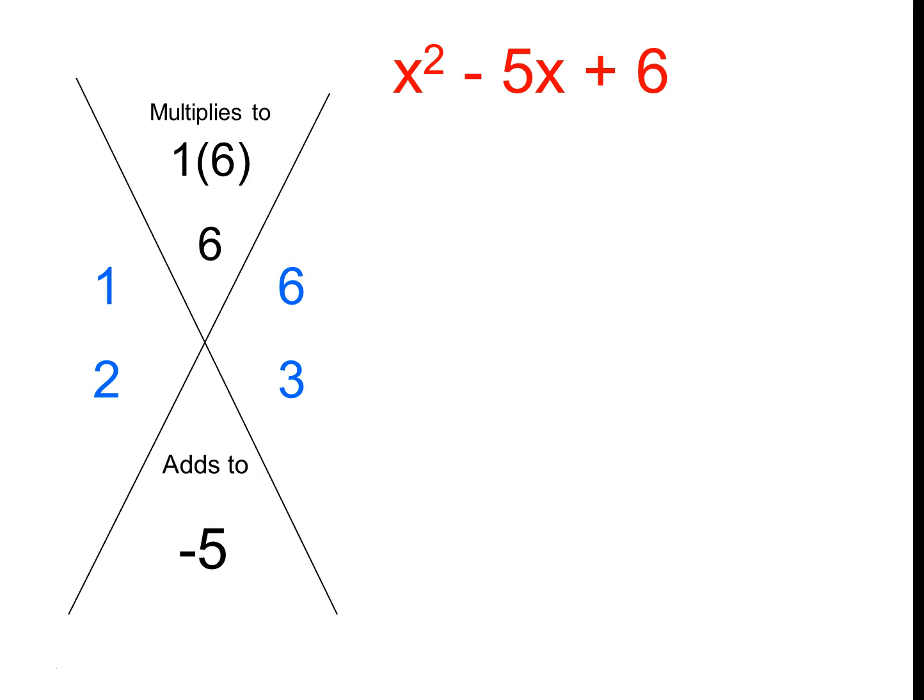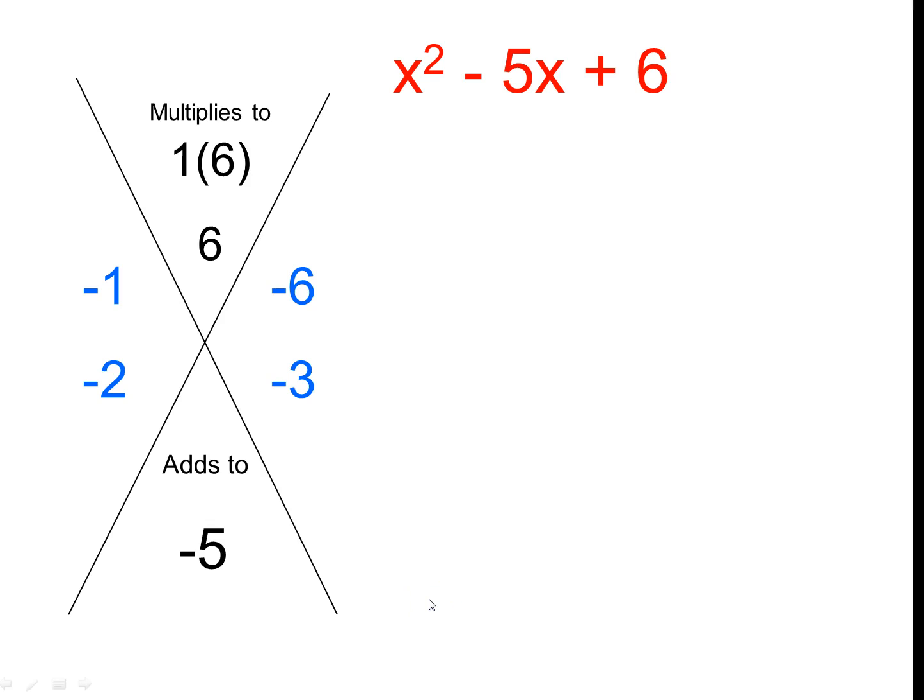All right. So what else could I do to get positive 6? Because there's actually more ways to get it. What about negatives? Let's think about this. A negative times a negative is a positive. So negative 1 times negative 6 is 6. And negative 2 times negative 3 is 6.